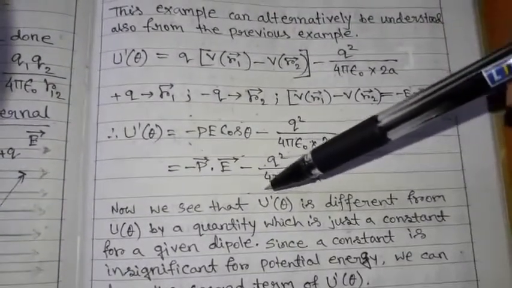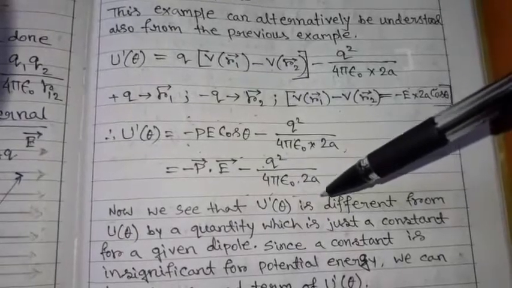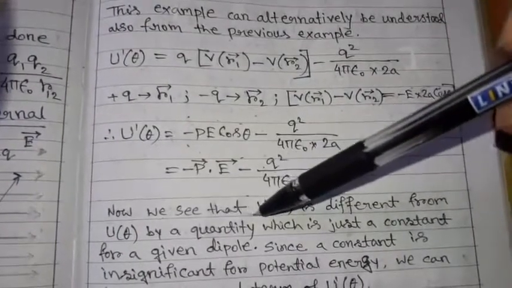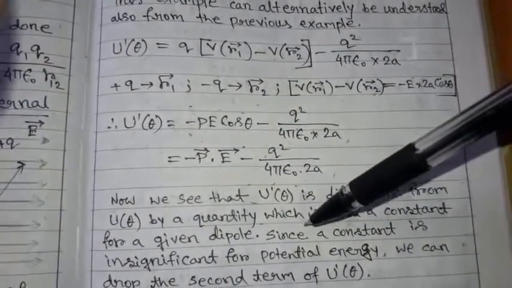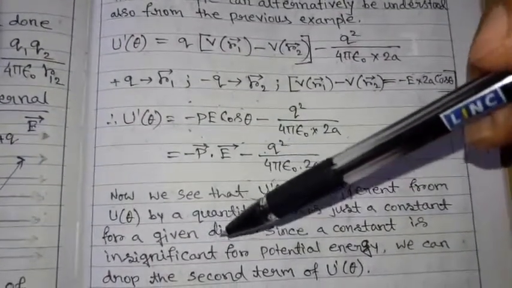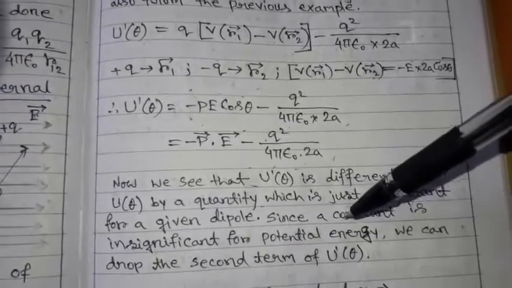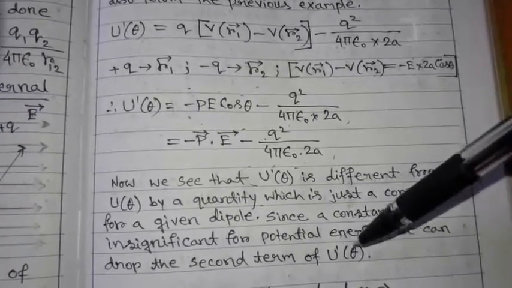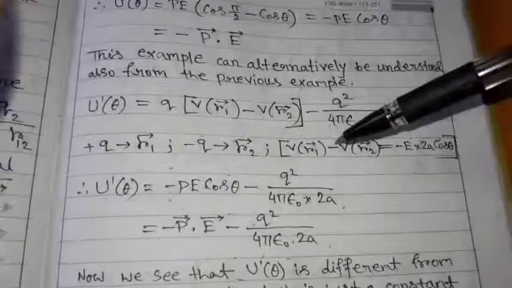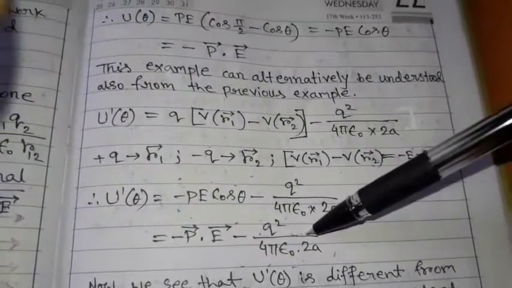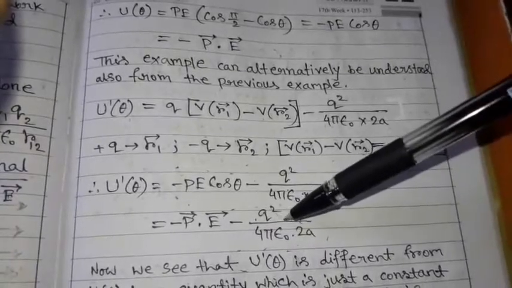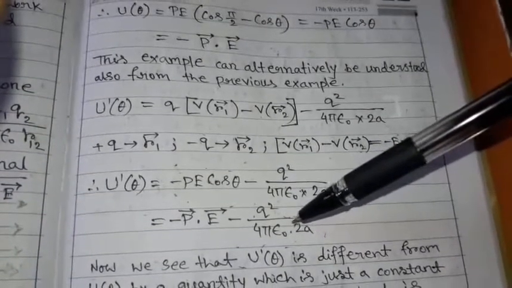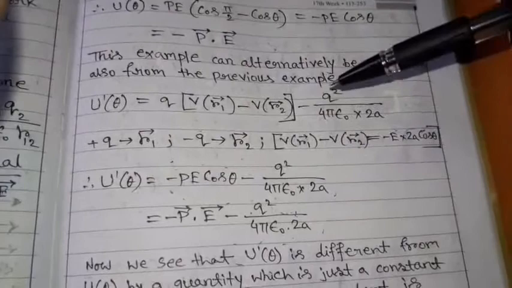Now we see that U dash of theta differs from U of theta by a quantity which is just a constant for a given dipole. Since a constant is insignificant for potential energy, we can drop the second term of U dash of theta. Here this second term is missing in the earlier equation because it is a constant quantity for any particular dipole, so we can drop it in the calculation of potential energy.